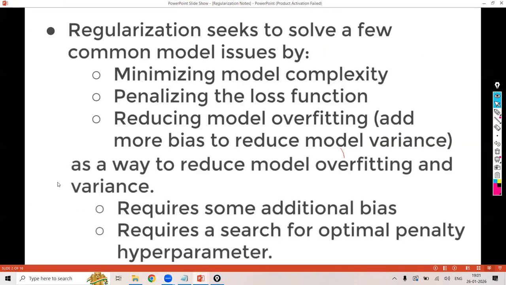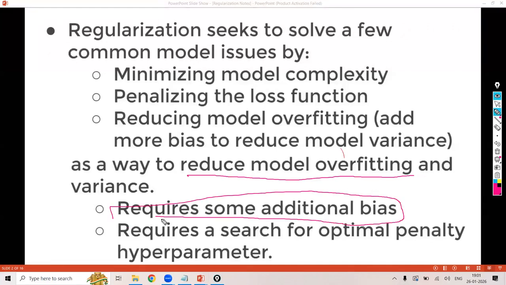Here, the overfitting problem will be reduced by adding some additional bias. This is the most important point. How is it going to reduce? It reduces the model overfitting problem by adding some additional bias.